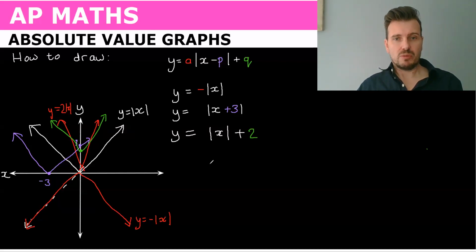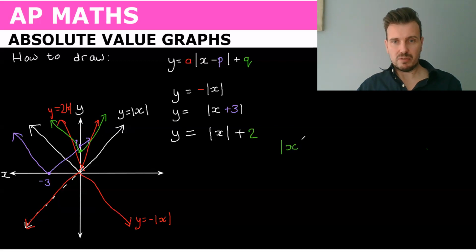Let's look at how we might have done this algebraically. If we make x equals 0, we have 0, so y equals 2, and then we have the y-intercept. Now to find our x-intercepts, let's look at what happens.